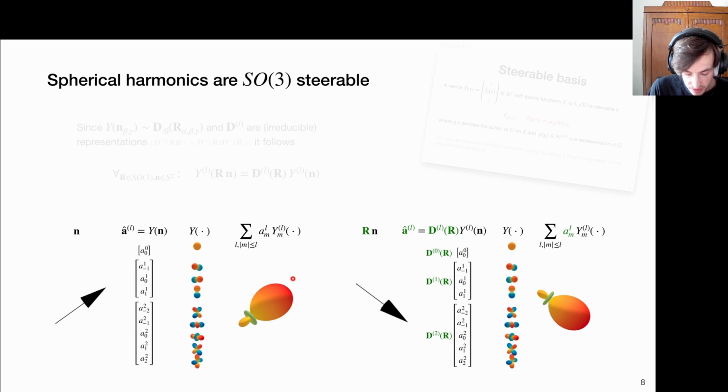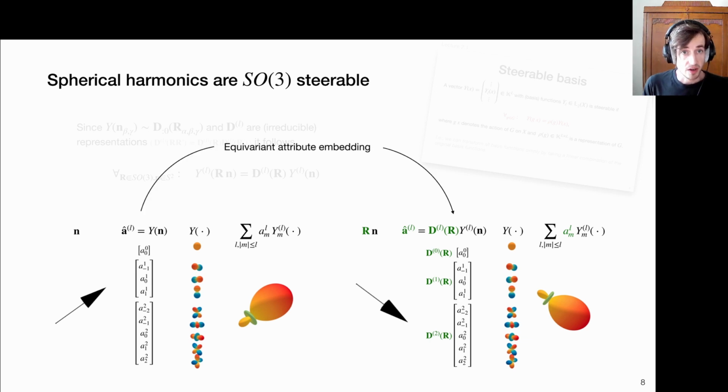So a function that has high values in this direction, 0 orthogonal to it, and maybe some oscillations in the perpendicular, or like in the anti-parallel direction. Okay, so there's two things going on. Direction vectors can be equivariantly embedded into the steerable vector space via the spherical harmonics evaluation, meaning that if I rotate my vector, then the spherical harmonic embedding of this rotated vector corresponds actually to my original embedded vector, and then rotated afterwards via the Wigner-D matrices.